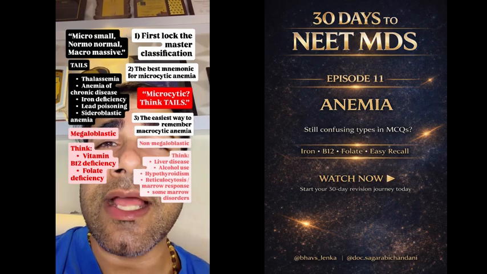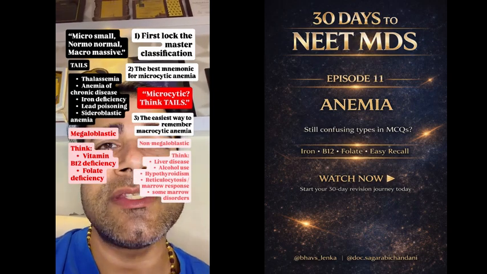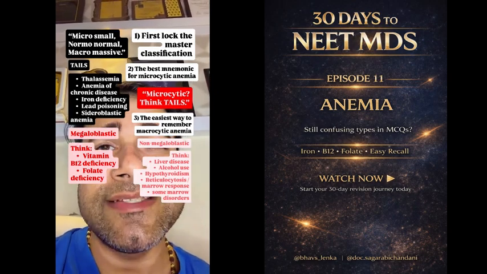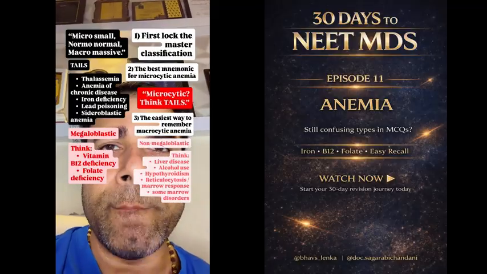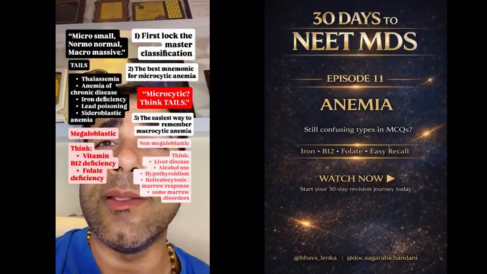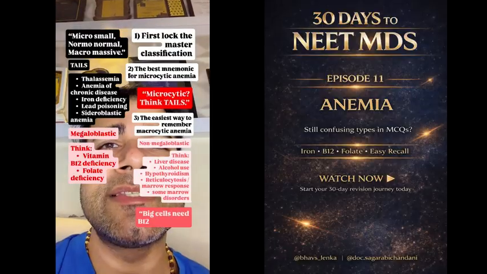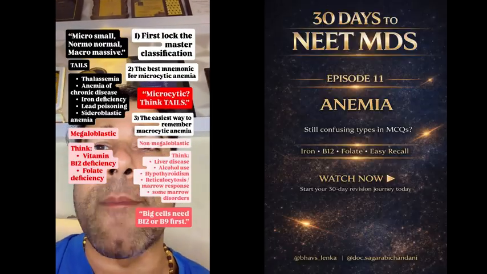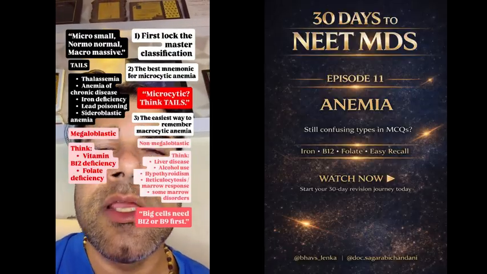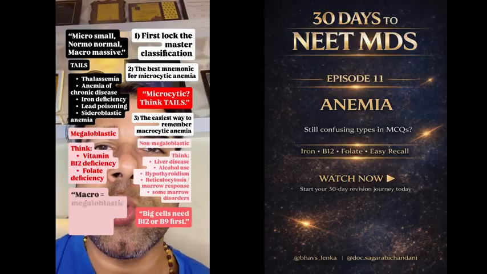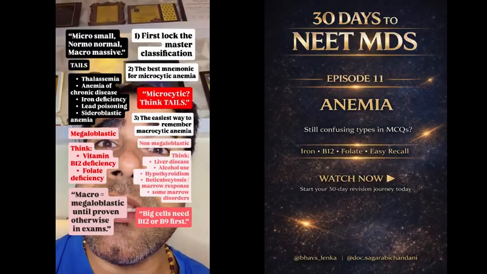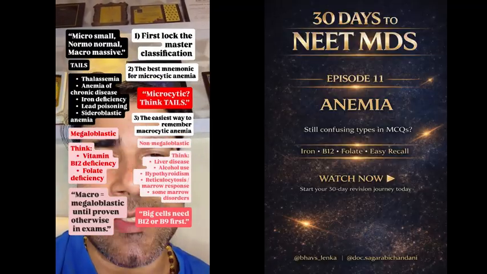Macrocytic anemia classically includes folate deficiency, alcohol use, liver disease, and other causes. B12 and folate are the major megaloblastic causes. Mnemonic: big cells need B12 or B9 first. Easy memory: macro is megaloblastic until proven otherwise in exams.